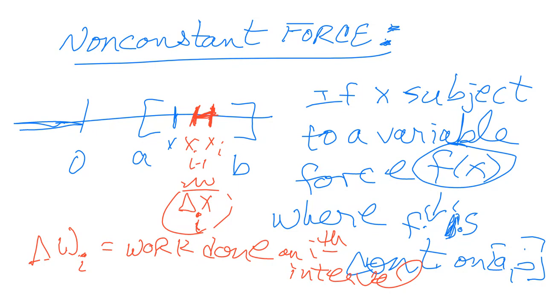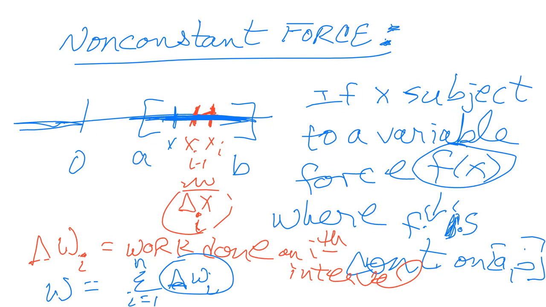So the work done on the full interval is going to be the sum, i equals 1 to n, if I have n intervals, of delta sub w sub i, the change in the work for each one. The tiny amounts of work done in each subinterval, we add them all up. That gives us the total work.